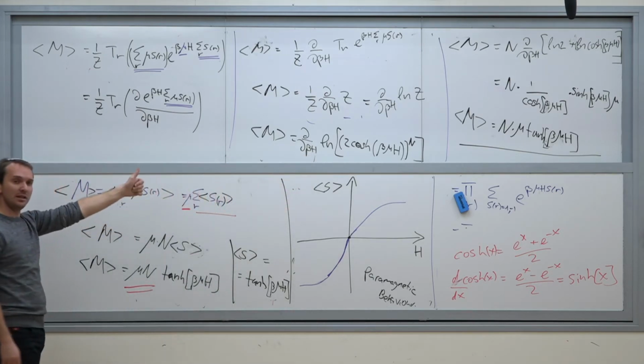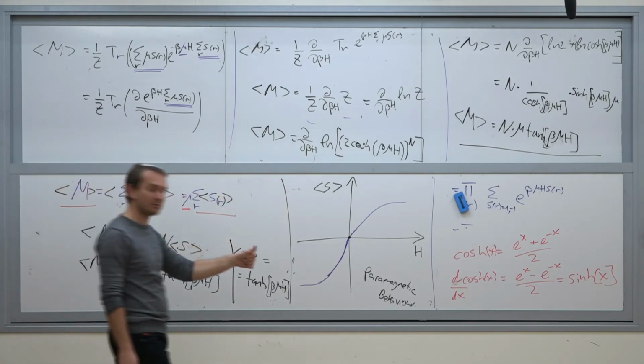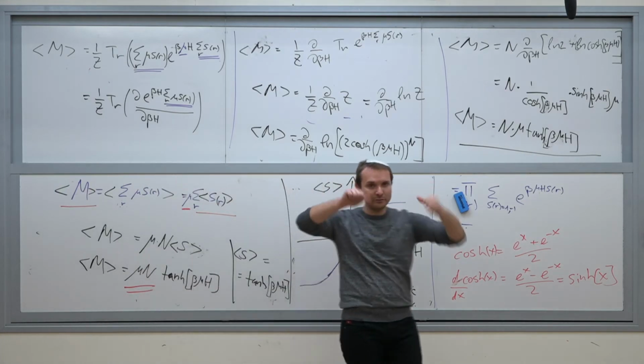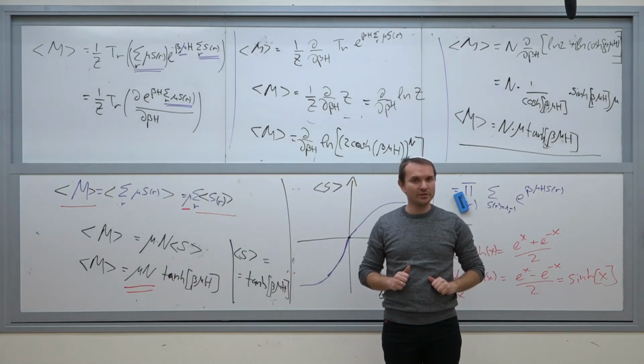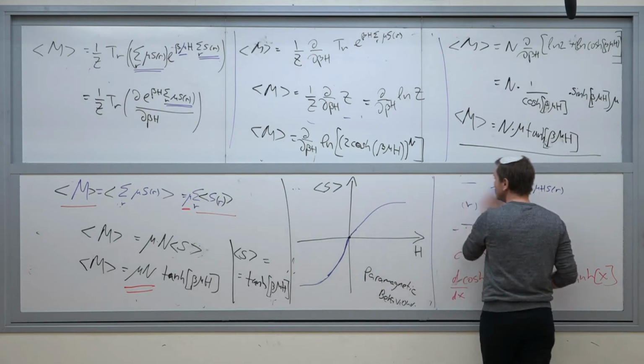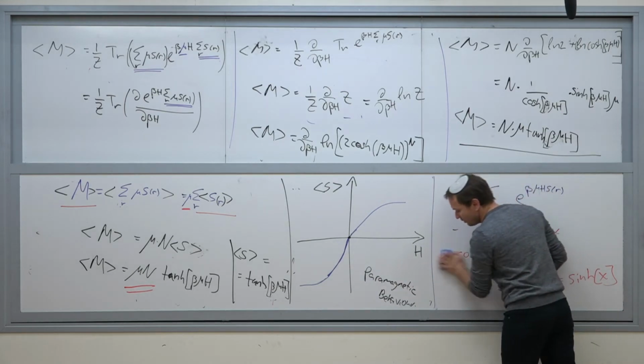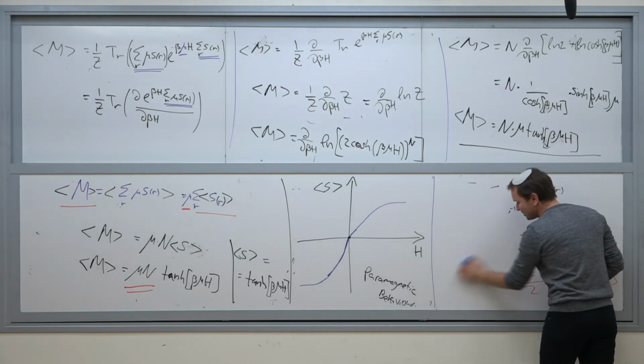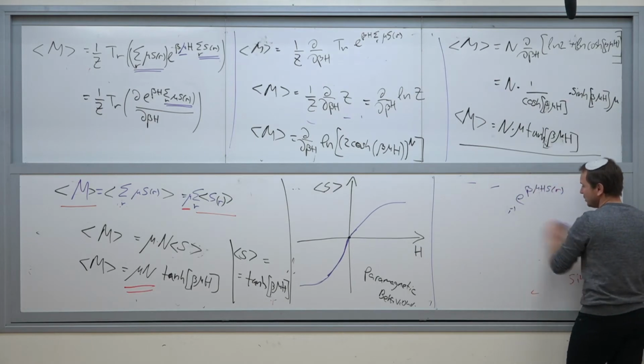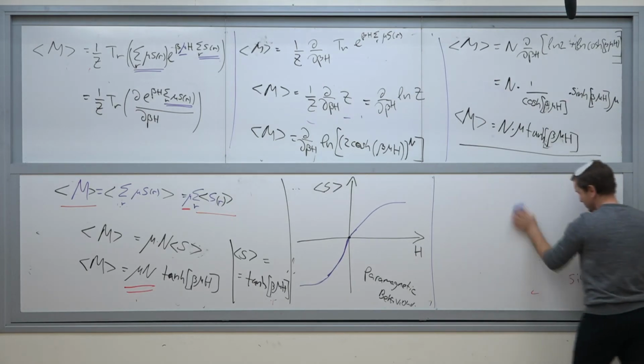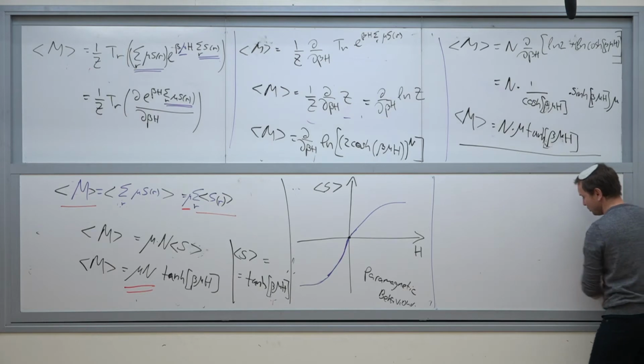Fine. Let's try and do this again when we have to take into account the effect of the mutual field on each other, when we are taking into account the interactions between the two particles.